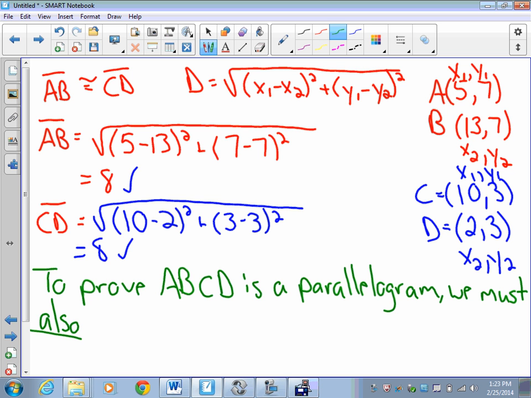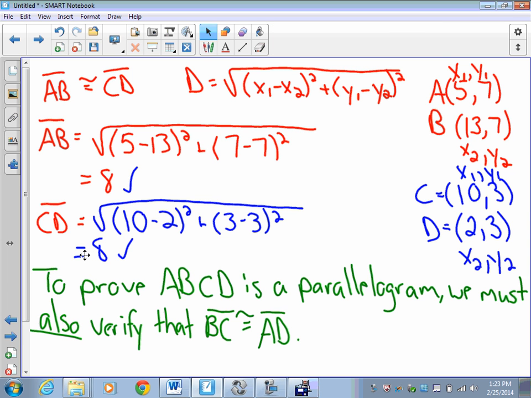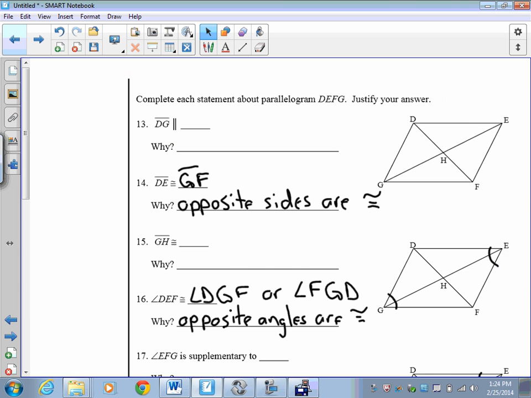We must also verify that the other pair of opposite sides, which is BC and AD, are congruent. So that's what we would need to do. We need to do one more step. You can do that one using the same exact method that I used here with the distance formula.